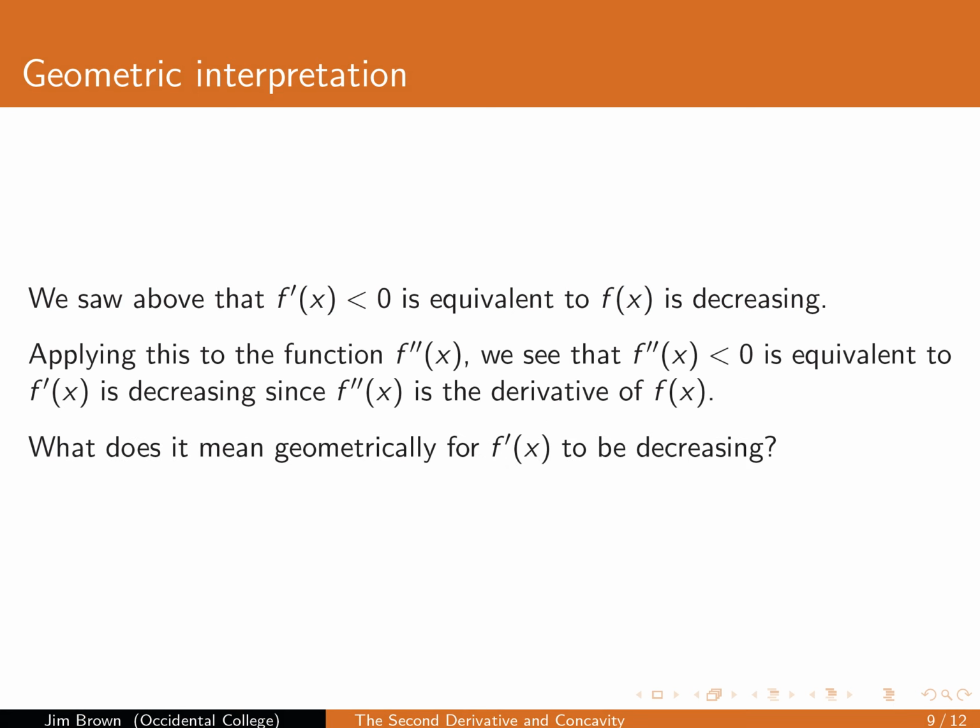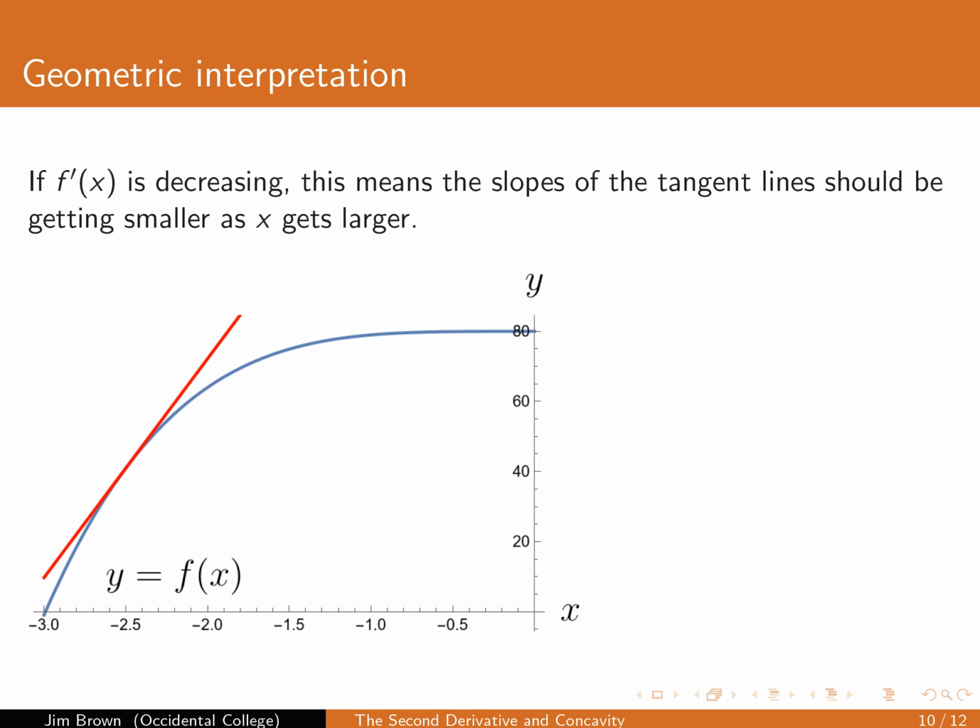Again, we can ask, what does it mean for f prime to be decreasing? Well, this should mean as my x value increases, the slopes of the tangent lines should be decreasing. So here's a graph of this. Notice the slopes here are all positive. My function is an increasing function, so the slopes are positive.